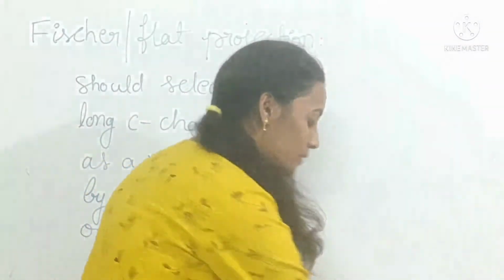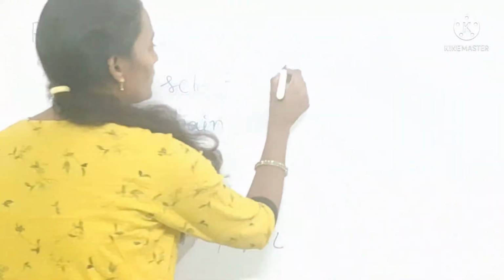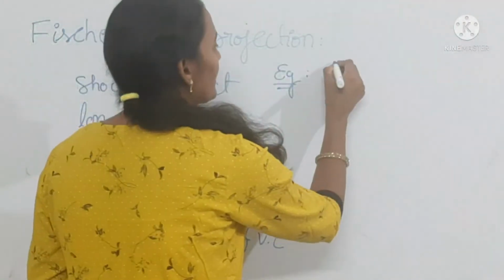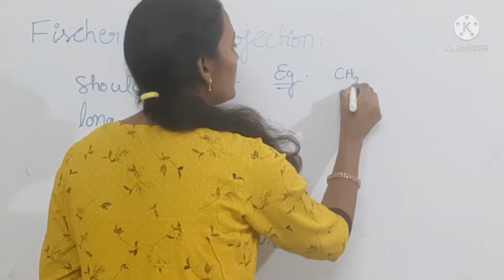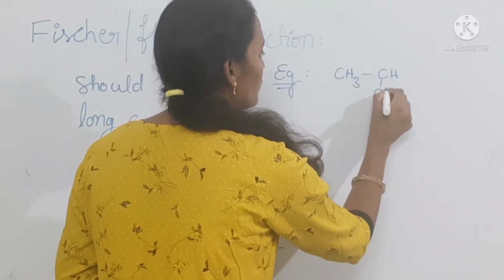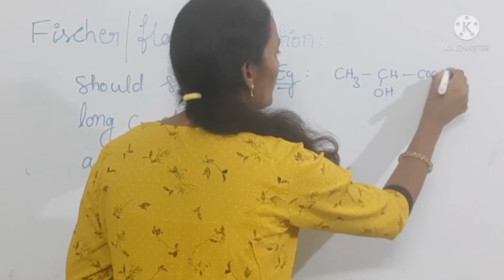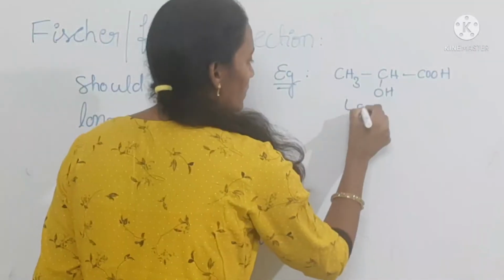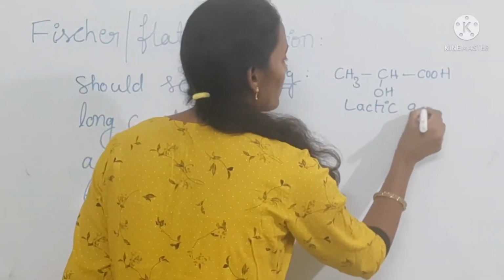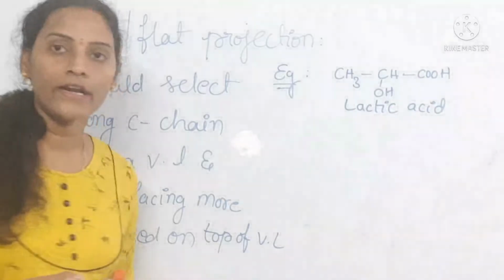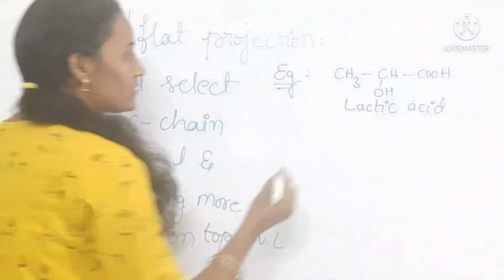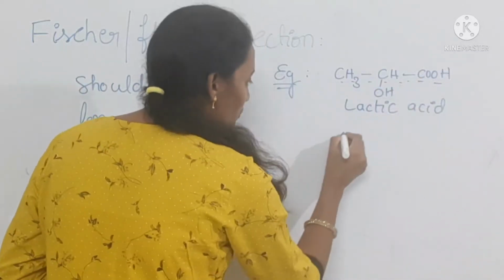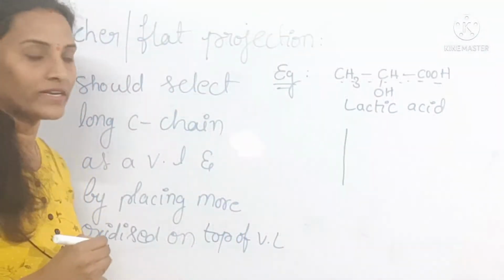Just observe once, you can take an example here, students. Suppose you take lactic acid, CH3, CH, OH, COOH. Okay, this is lactic acid. See, how can you write the Fisher projection for this lactic acid? See, this is the long carbon chain. You should take this long carbon chain as the vertical line.